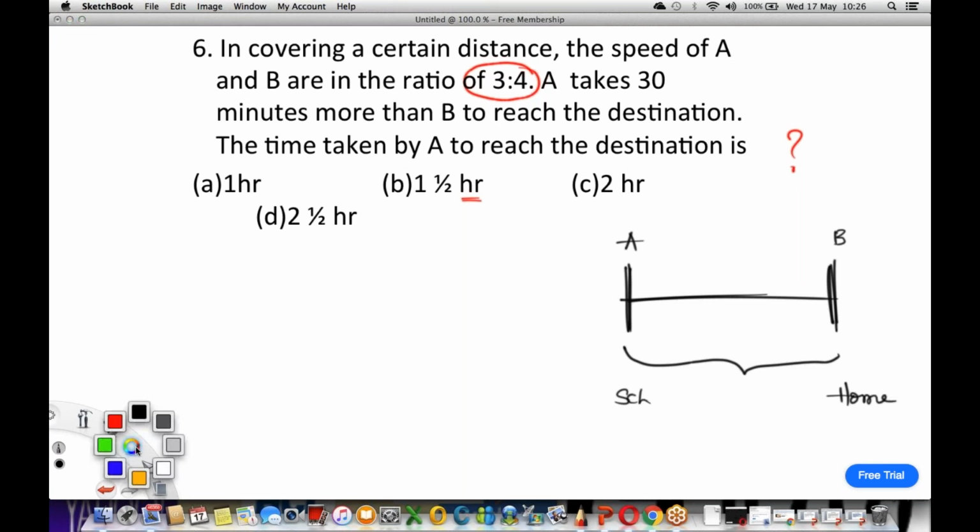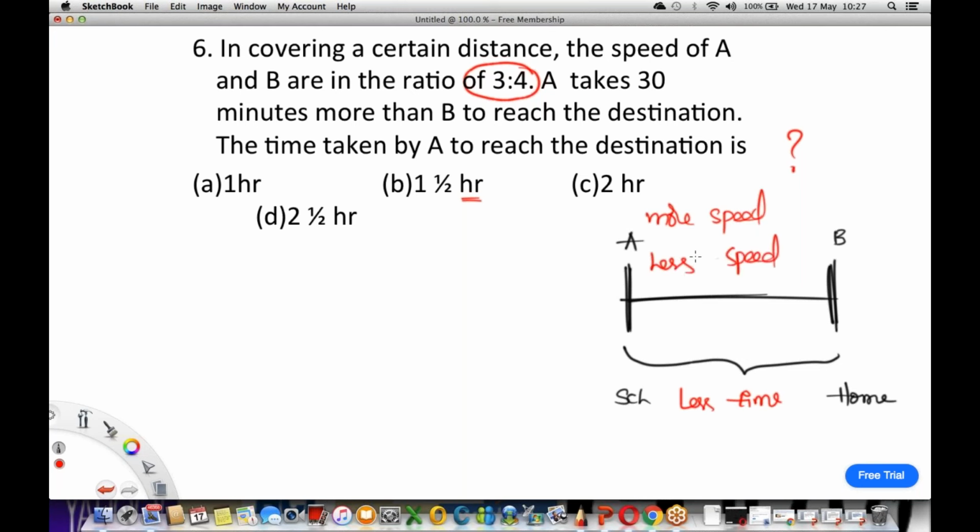If I'm going from school to home with more speed, then obviously I will reach my home by taking less time. If I am going with less speed, then definitely it will take more time for me to reach my home.